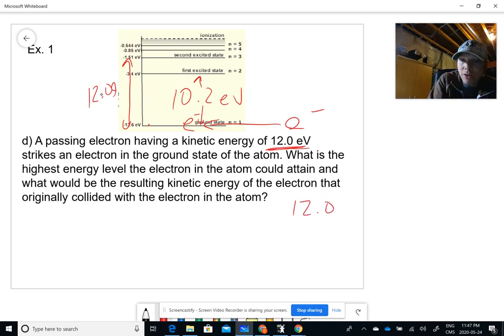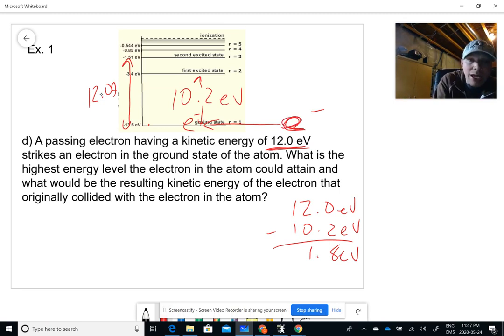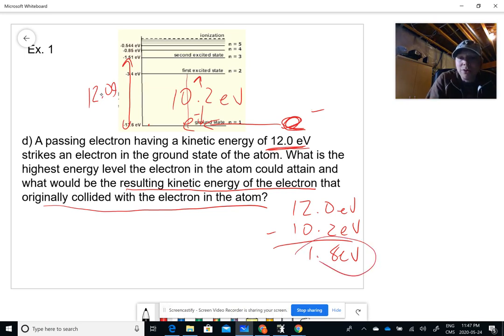So then we have 12 electron volts, subtract the 10.2 electron volts, which is 1.8 electron volts remaining. That 1.8 is going to still be with this electron in terms of kinetic energy. And that's what this is saying. What would be the resulting kinetic energy of the electron that originally collided with the electron in the atom? Well, this electron will take 10.2, will go up to this energy level, and that'll leave the other one with 1.8 electron volts of kinetic energy.